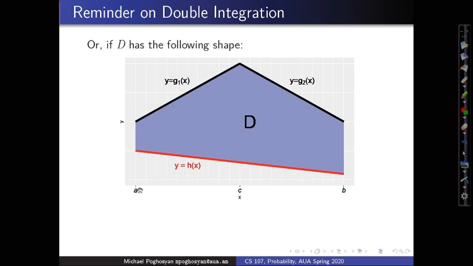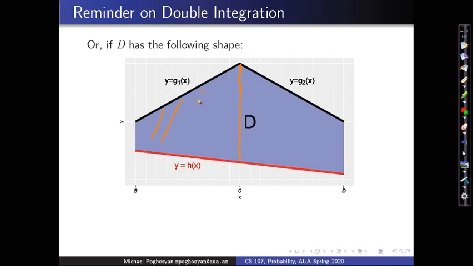Say from a to c, this is c, the equation of the upper part is y equal to g1 of x, and if x is running from c to d, the upper part is y equal to g2 of x. In this case, if we want to integrate our function f over that D, we can divide D into two portions.